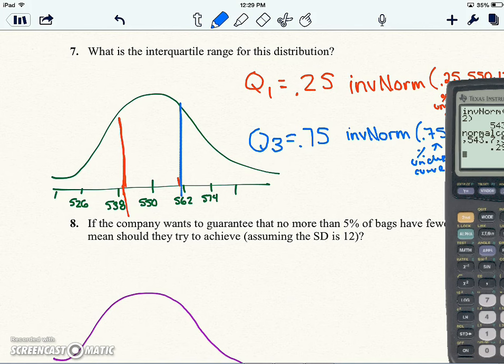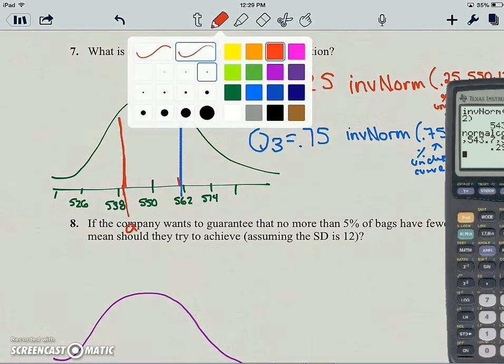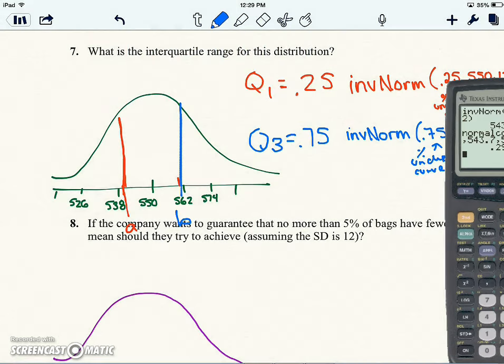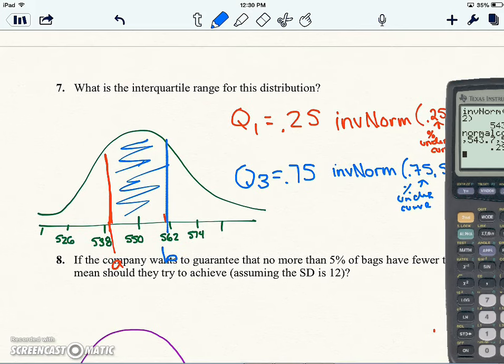Okay, and we're trying to find some point A and some point B. We want so we can subtract them and get this range in between, right? Because interquartile range is Q3 minus Q1.